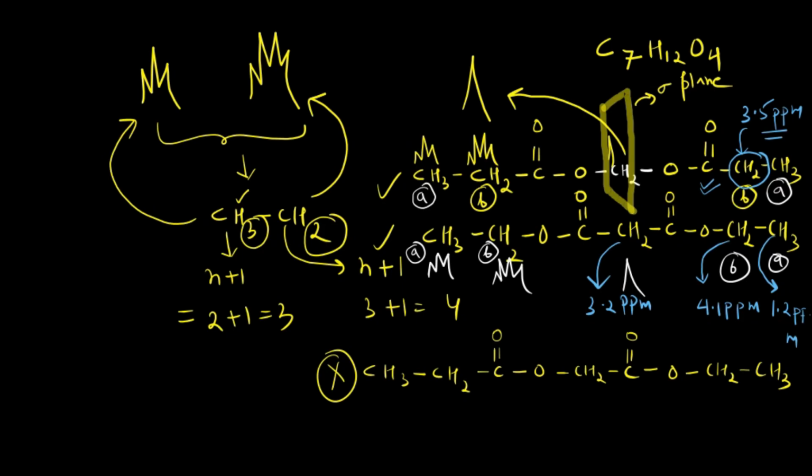But when it is connected to the oxygen, it definitely gives this value, 4.1 ppm. So this clears your doubt that the first structure cannot be the correct answer based on the chemical shift. It is very important to know the values or the range of the chemical shift as well.